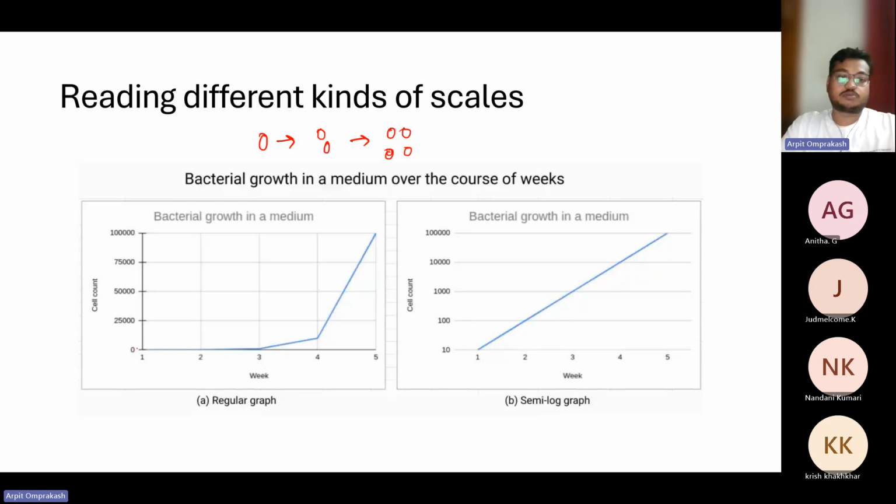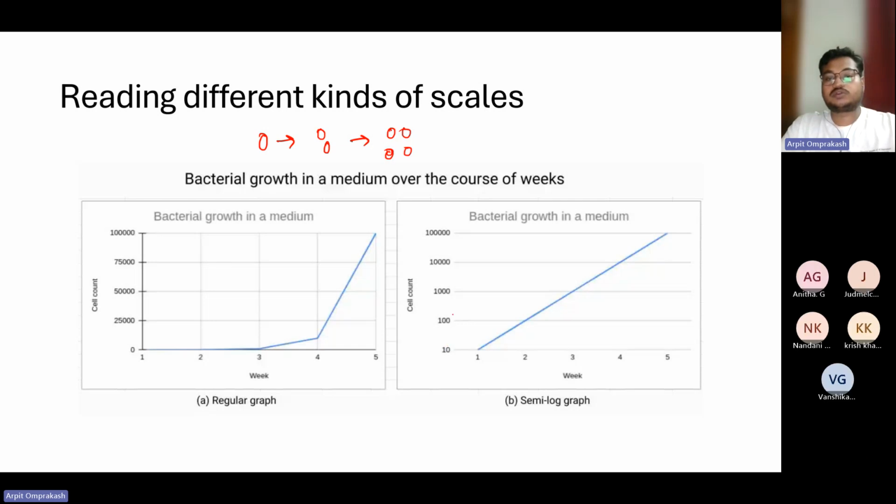Here it's going from 0 to 25,000, 50,000 and so on, but here it's going 0, 10, 100,000 and so on. If we make a plot of this, we can fit a straight line, because the log scale is also a multiplicative scale and the process of bacterial growth is also multiplicative, right? So we can plot a straight line here to show the growth.